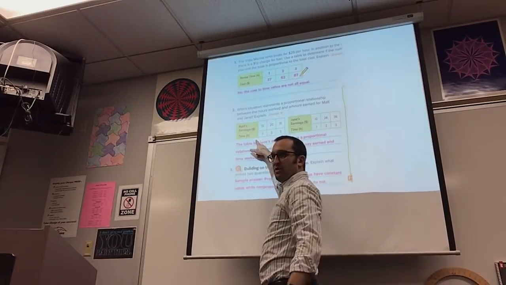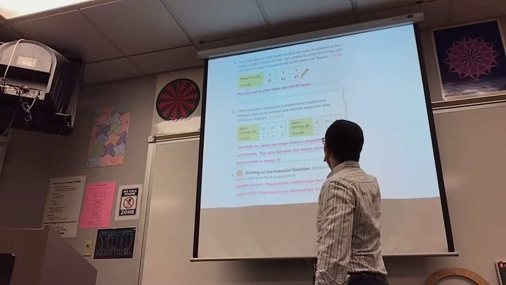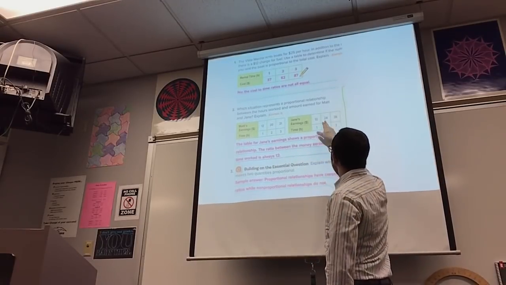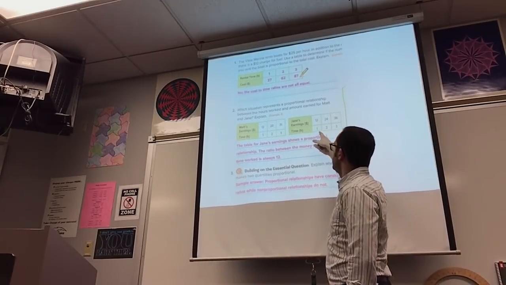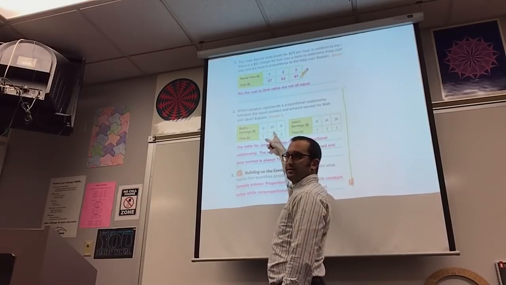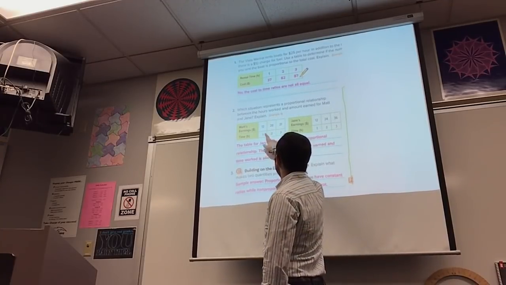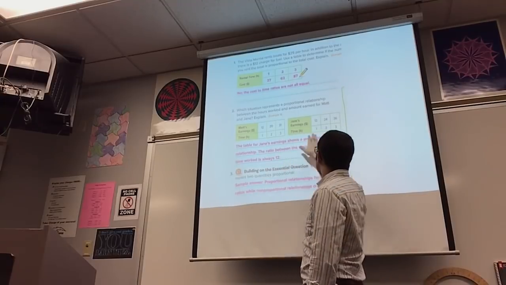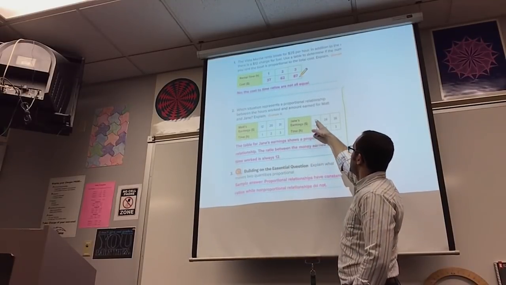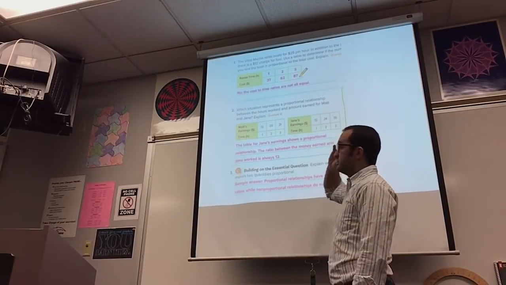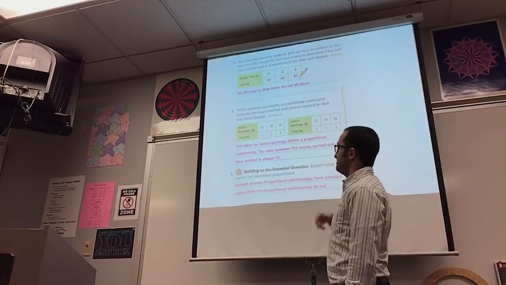Doesn't it look like they both get paid 12 bucks an hour? Do they though? No. Jane gets paid 12 bucks an hour. He does not. Okay? He's not getting paid 12 bucks an hour. Jane gets paid $12 per hour because it's the same ratio every time.